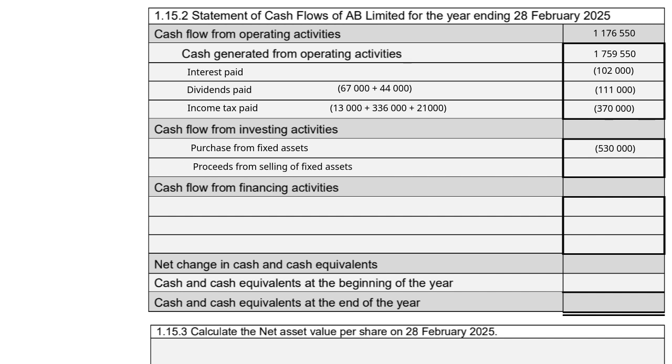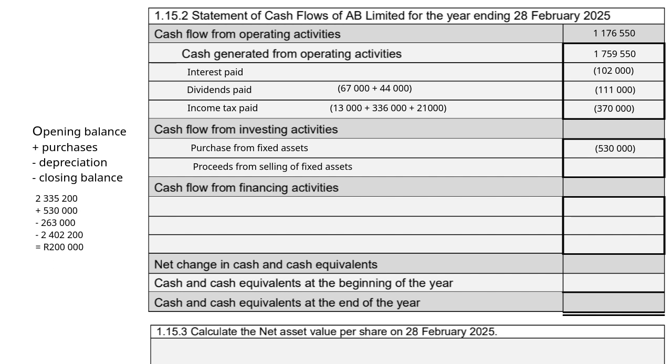Now remember, for the proceeds from selling of fixed assets, you can do a calculation on the side, or you can do the ledger account. You start with your opening balance, you add any purchases, you minus depreciation, and you minus your closing balance. So 2,335,200 is the opening balance.